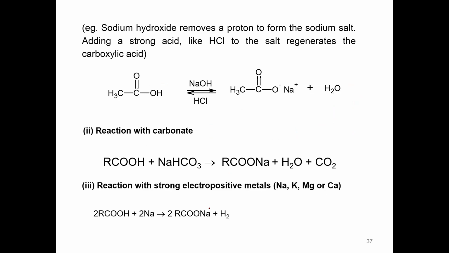So let's look at an example: sodium hydroxide removes a proton to form a sodium salt, and adding a strong acid like HCl to the salt regenerates the carboxylic acid. All right, so if you have carboxylic acid reacting with a base, sodium hydroxide, the sodium hydroxide will remove the proton here to produce this salt plus H2O.